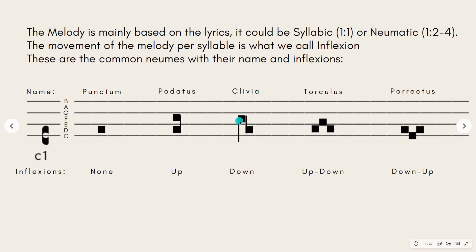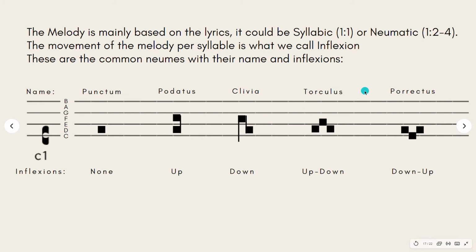For this one, we are going to read this going down since the inflection tells us to go down. If you see this kind of neume on the notation, you have to read the pitch from the top going down. So this is Fa since it falls under Fa, and this will be your Re since this one falls under Re.